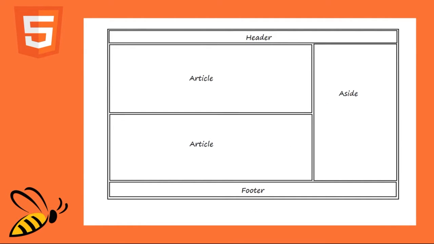For that purpose, HTML5 introduced the header section and article section. Here there's another article, aside, and footer. These are more important while using a grid system, and not only in a grid. In the header section, only the logo and navigation are present, like home, contact, about us, services.